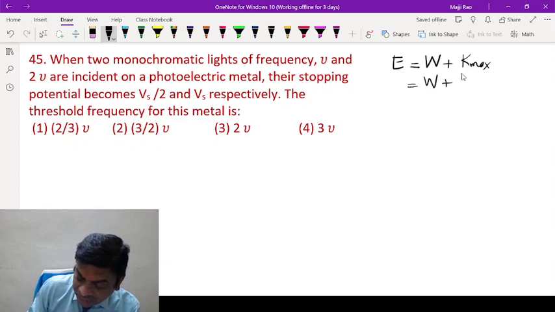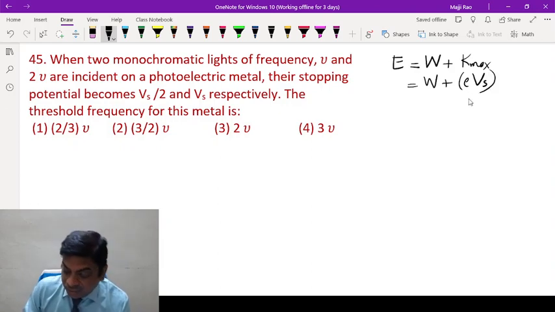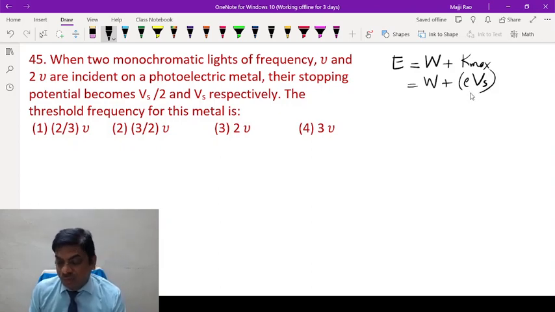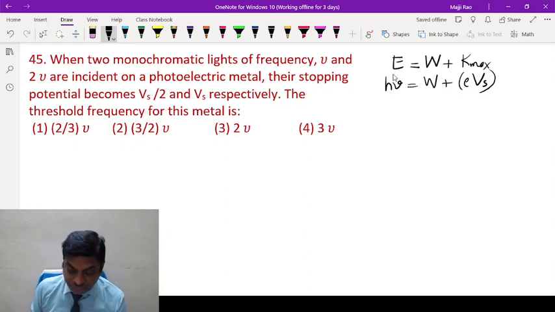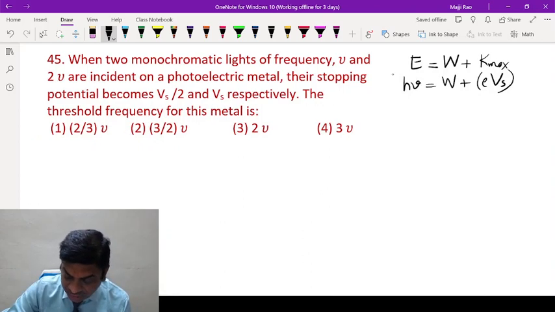It is this kinetic energy which is also equal to e into Vs, where Vs is the stopping potential. So the maximum kinetic energy is equal to eVs, and E is h nu.